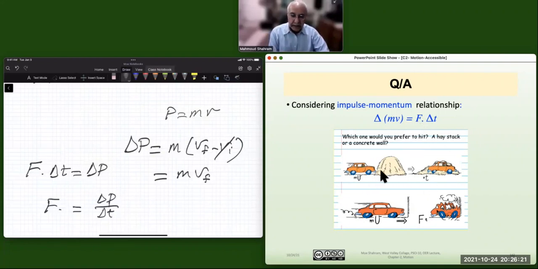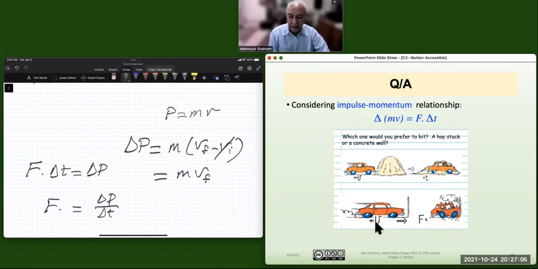In this case, the impact time is kind of large because you have to go all through this haystack in order to stop. T in this equation is large. The momentum starts from some velocity, goes to 0. Now, if you hit the same car into a brick wall, what happens?